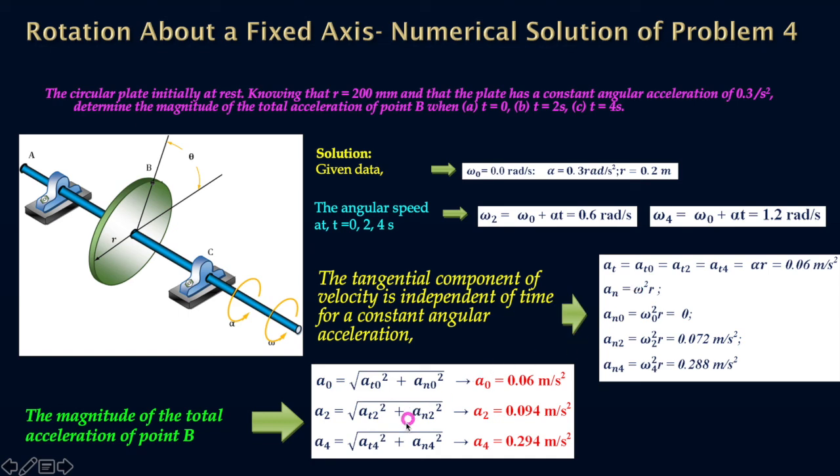Substituting all these values here, we get these three acceleration terms. So this is all about the fixed axis rotation of a rigid body.